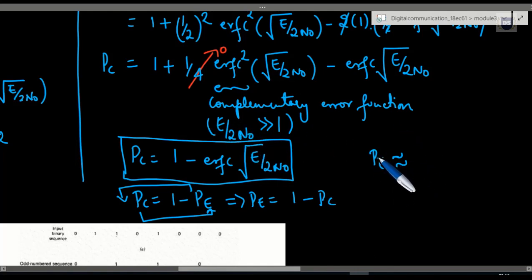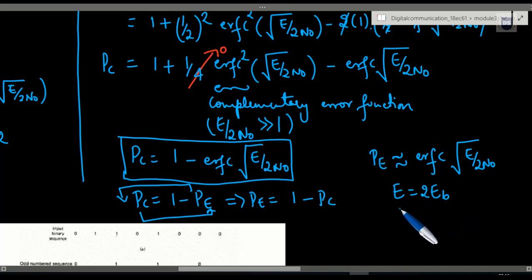Assuming this, we can state that PE, the probability of error for QPSK, is approximately equal to the complementary error function of the square root of E by 2 N naught. And over here, E represents 2 Eb, because for QPSK each symbol is composed of 2 bits, which we usually call dibits. So this E is in turn equal to 2 times Eb.